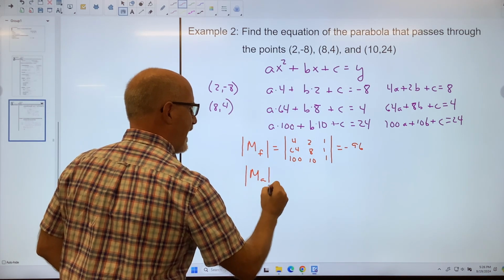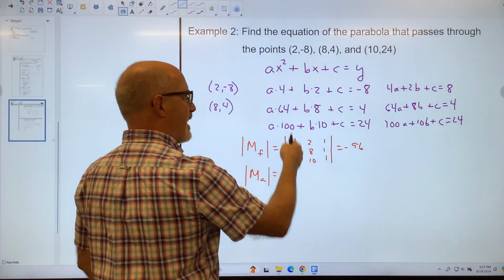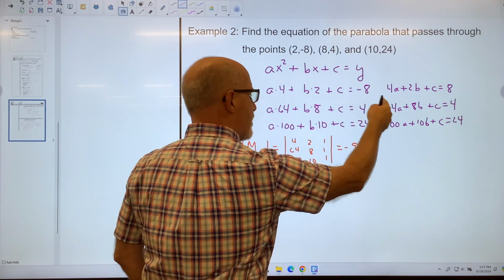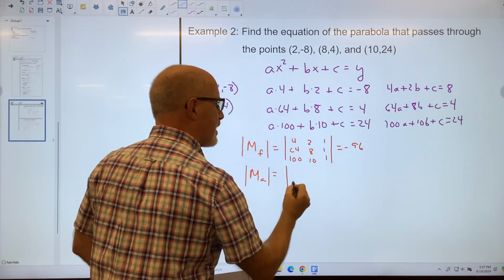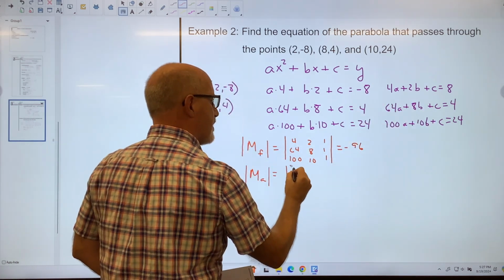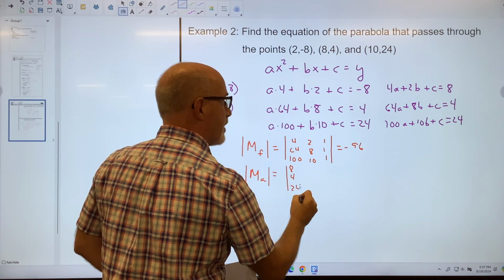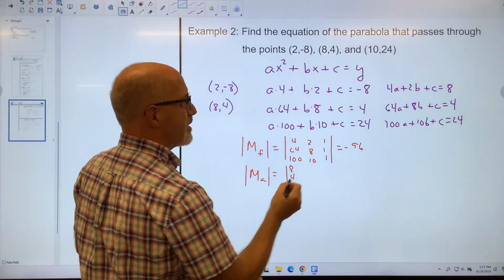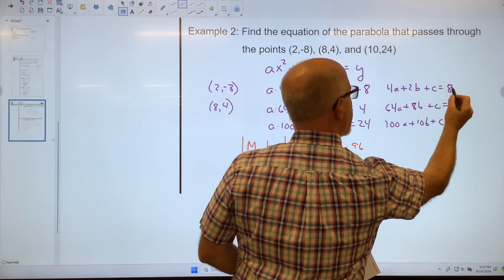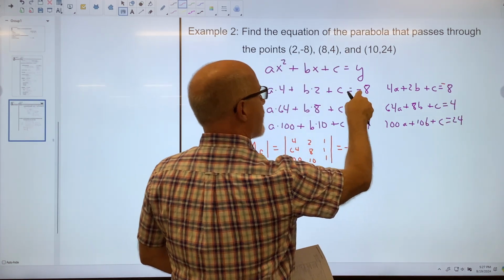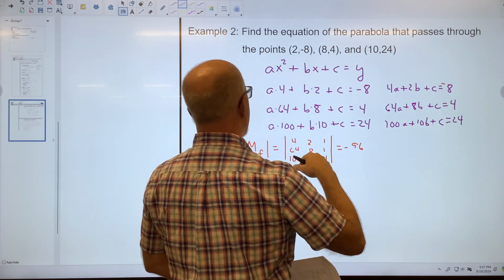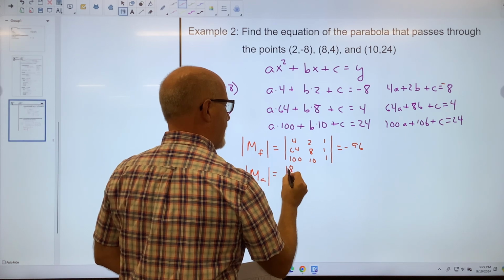Let's call it the A matrix here, where I take out the A coefficients and replace them with the constants 8, 4, and 24. And this should be a negative 8 for my value there.